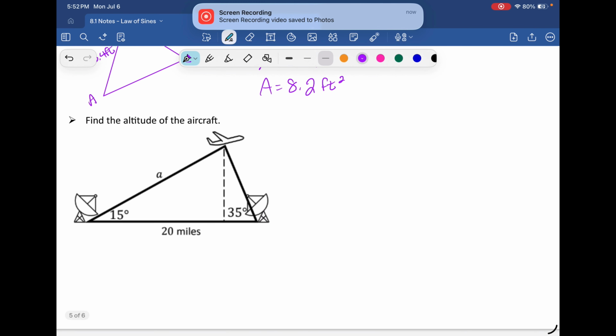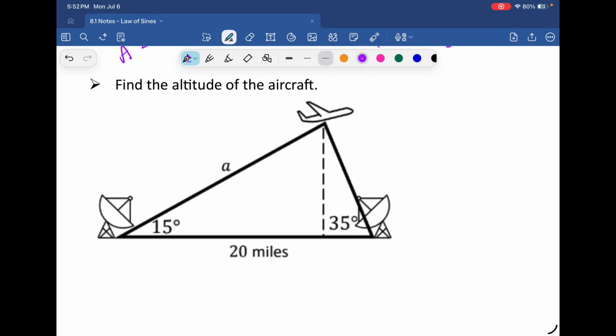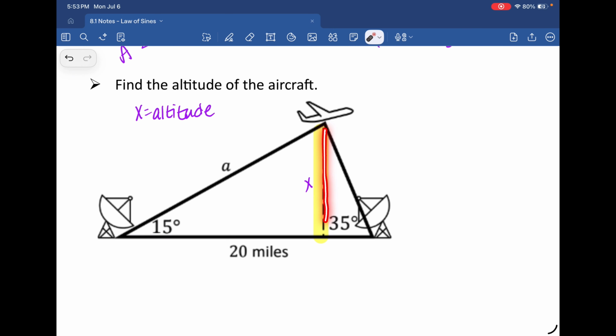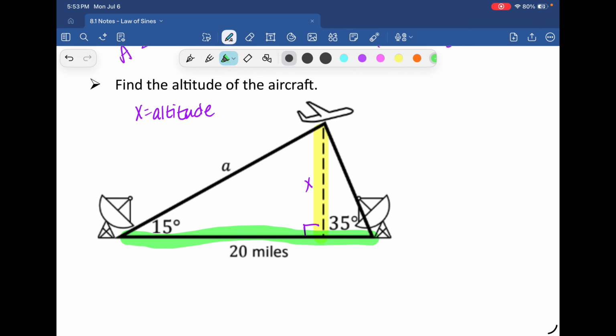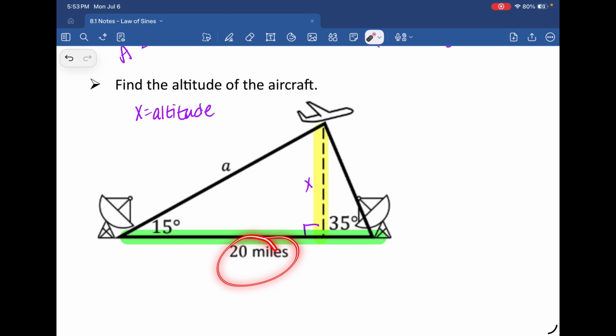Our remaining 2 problems are application problems. We'll find the altitude of the aircraft. This is my altitude. I'm going to call it X because I can. That altitude makes a 90-degree angle with the base, which is 20 miles.